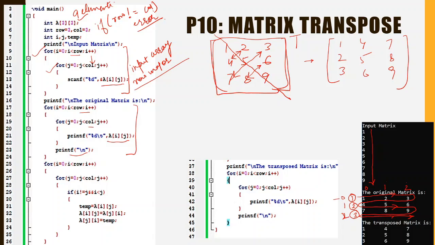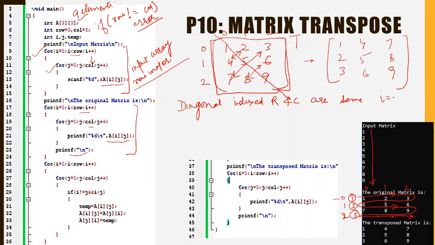So if I see the indexes carefully, 0 1 2, and I will also write 0 1 2. I can say that for the diagonal the indexes are the same. Okay, row and column indexes are the same, right?